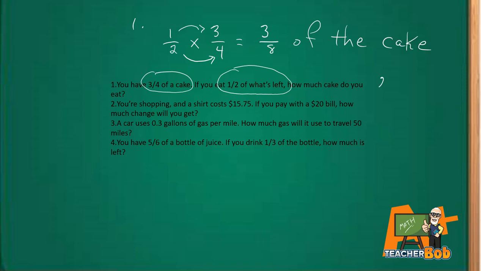So let's do number 2 over here. So $20 is what you give. The sales clerk has to subtract $15.75 from $20. We need to put 2 zeros here after the decimal where we have $20.